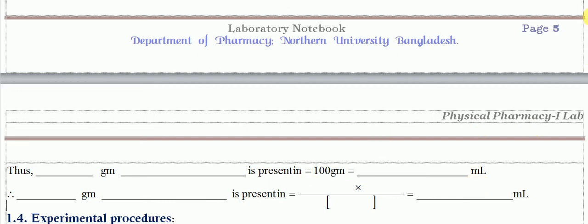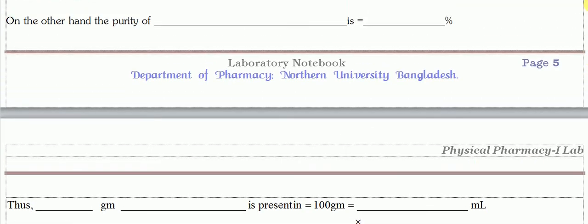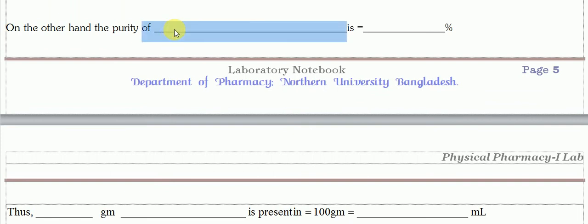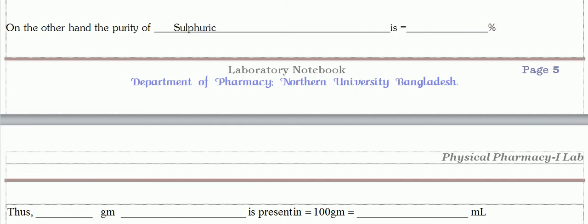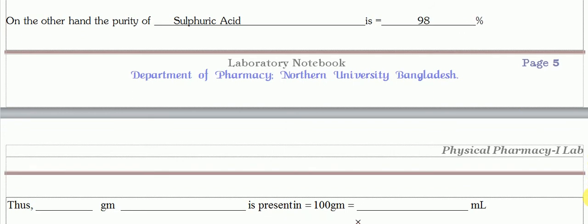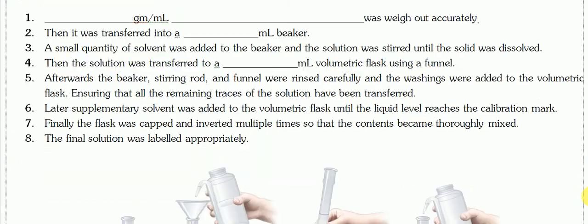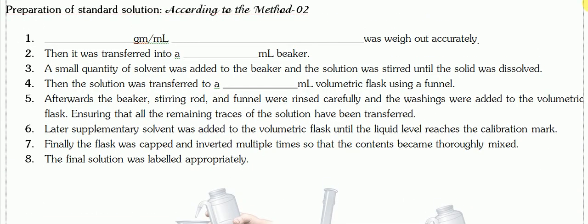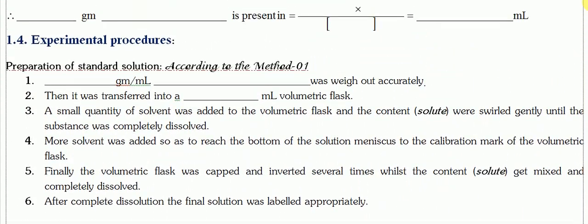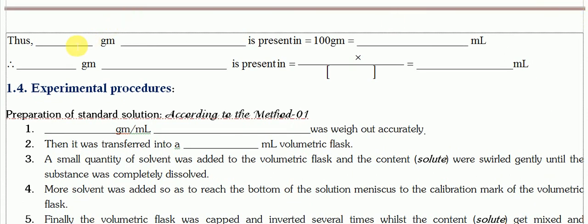since the purity of sulfuric acid is 98%, that means it is a weight per weight solution. Weight per weight solution means 98 gram sulfuric acid is present in 100 gram.